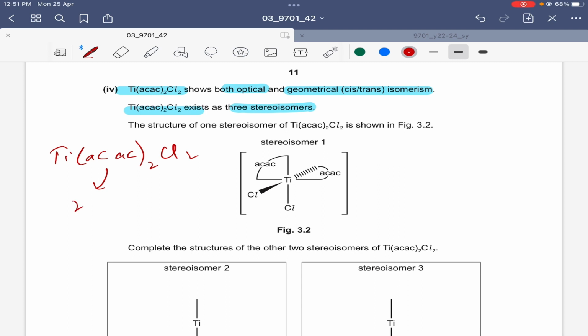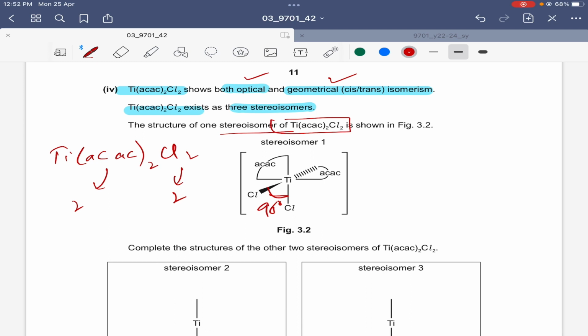These are 2 bidentate ligands and 2 monodentate ligands. So if the transition metal ion has 2 bidentate and 2 monodentate ligands, that means it can exhibit both optical and geometrical isomerism, right? The structure of one stereoisomer of Ti(ACAC)2Cl2 is shown in figure 3.2. And because the bond angle between 2 chlorine is 90 degrees, that means it is a cis-trans isomer, a geometrical isomer.